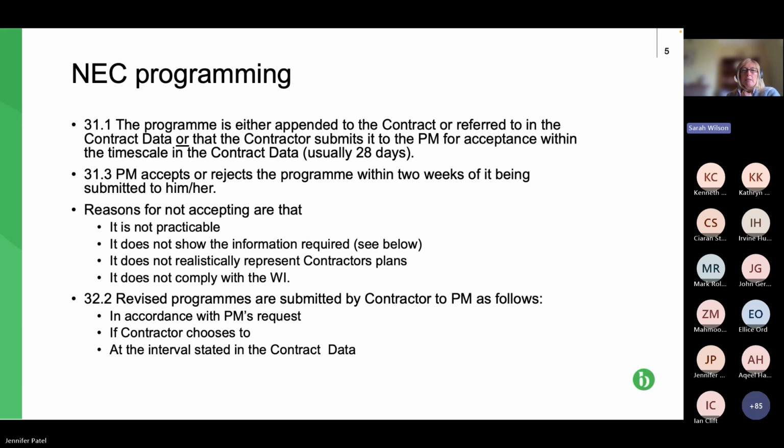And the first thing to note is clause 31.1, which says that the programme, so there's no option here, there will be a programme, or there should be a programme provided by the contractor, or in a subcontract, the subcontractor. So the programme is either appended to the contract, in which case it becomes the accepted programme.